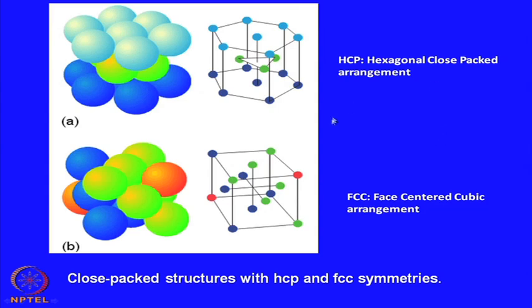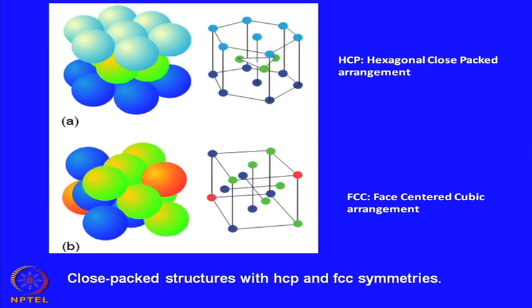So, in case of this arrangement, this hexagonal unit cell will repeat itself, whereas in case of this ABC stacking, the cubic arrangement will repeat itself. So, from the same close packed atoms, just by reorienting or rearranging themselves, you can have 2 different symmetries. One is hexagonal close packed, another one is face center cubic.